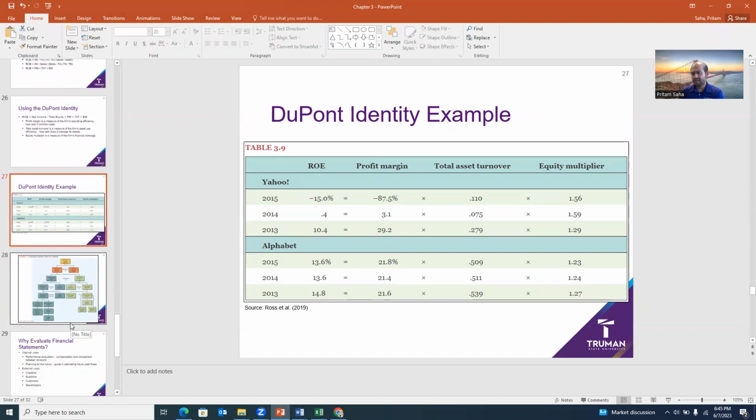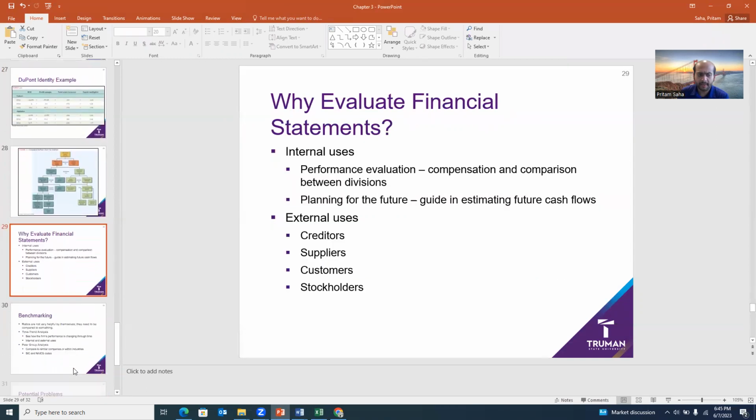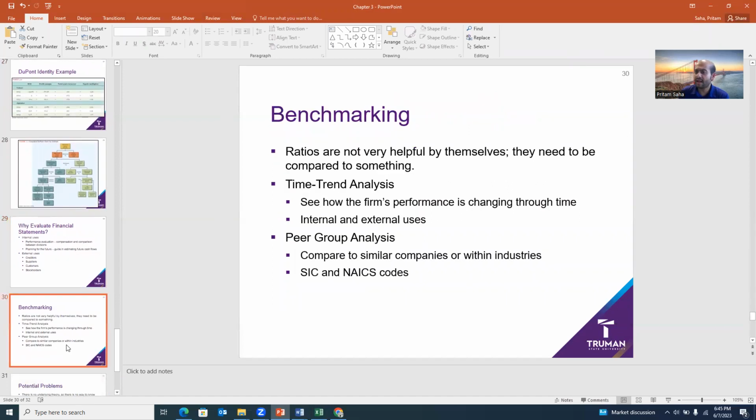Now, so far we did common size balance sheet, and we did ratio analysis. And I already told you why we do so. We want to analyze the health of the corporation. We want to analyze the statements of the corporations. We can do 2 types of analysis. One is we can compare the same firm over time, which is called time trend analysis, or we can compare the same firm for 1 year with a comparable, competitive firm, which is called peer group analysis.